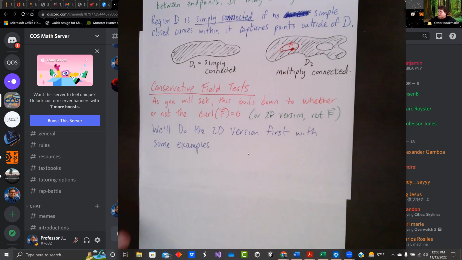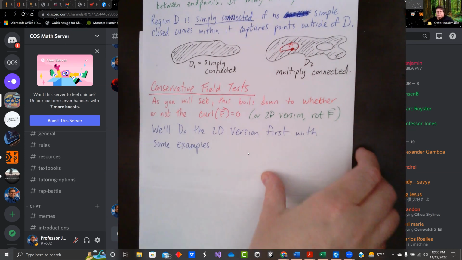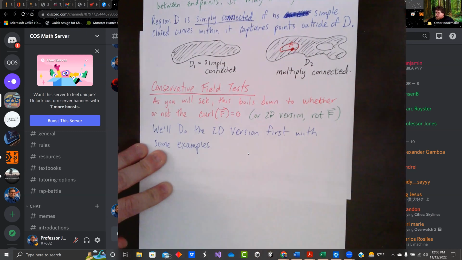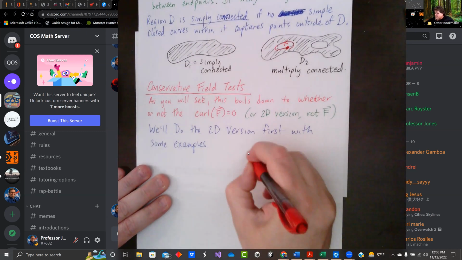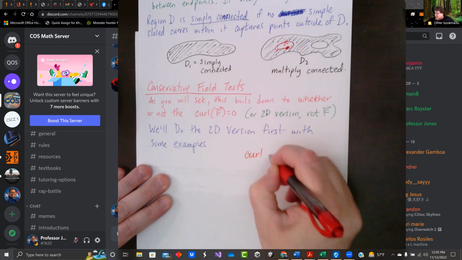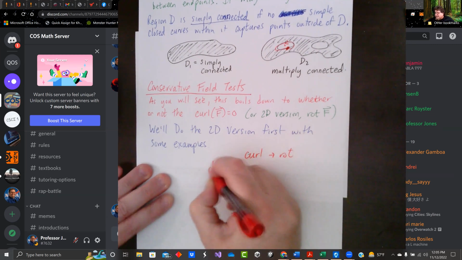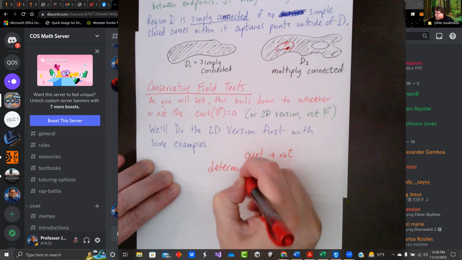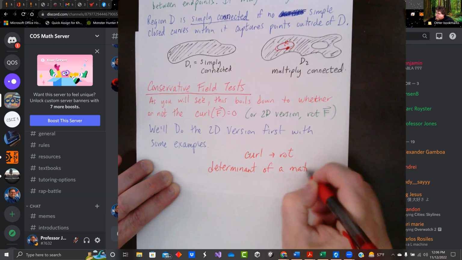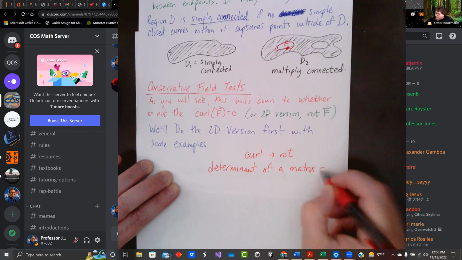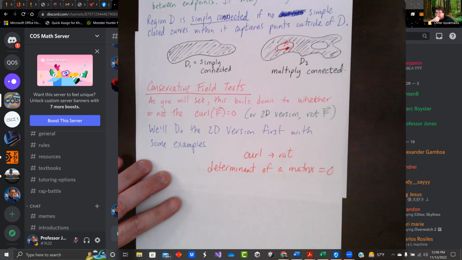So let's just start with the 2D version of this. The curl or the rotation is just the determinant, a word you'll learn in linear algebra, of a matrix. And we're going to show they equal 0.